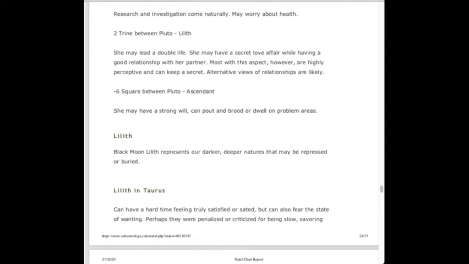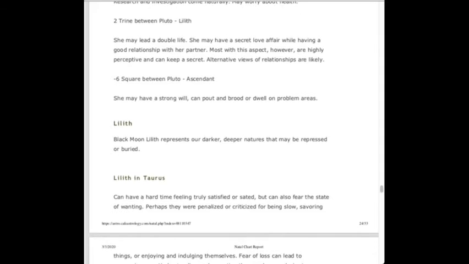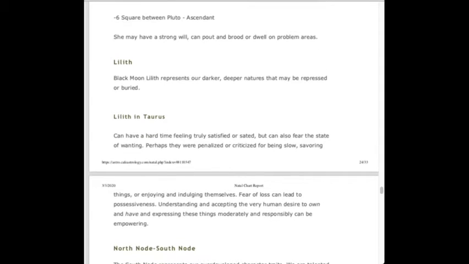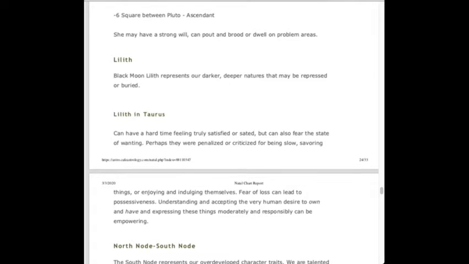Perhaps they were penalized or criticized for being slow, savoring things, or enjoying and indulging themselves. Fear of loss can lead to possessiveness. Understanding and accepting the very human desire to own and have, and expressing these things moderately, and responsibility can be empowering.